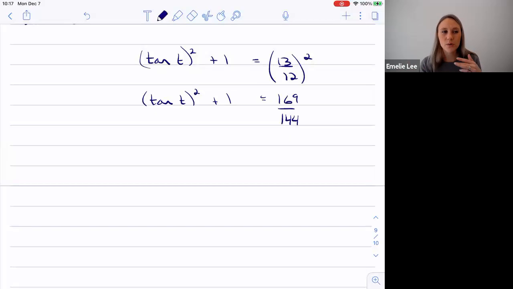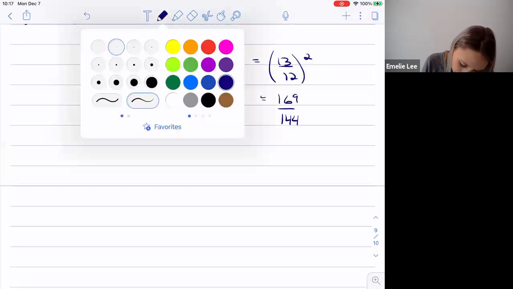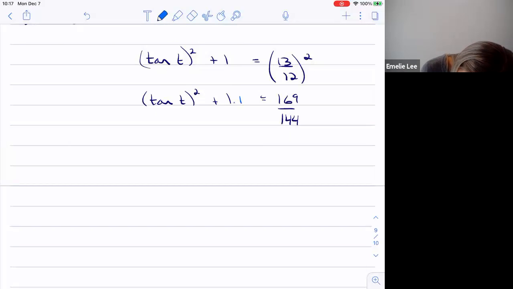In the process, I know I'm going to need a common denominator of 144, so I'm going to turn this 1 into 144 over 144.